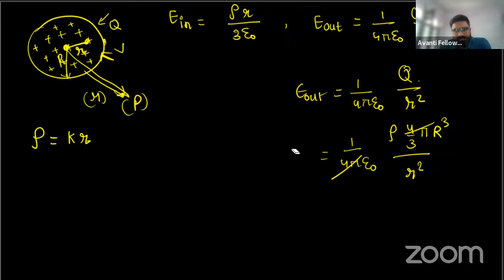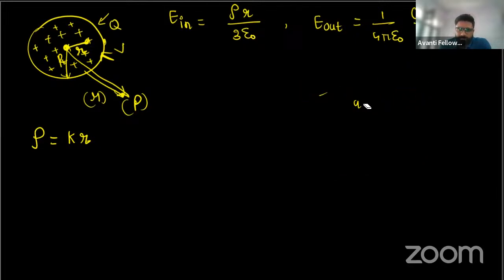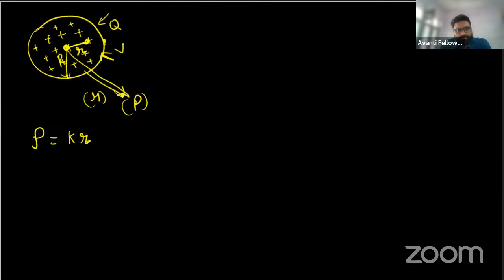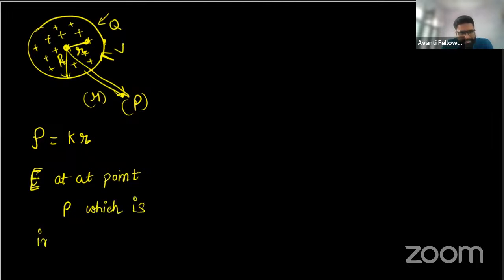The volume charge density of a particular sphere which is non-conducting varies as rho equals k r. Now find out the electric field at a point P which is inside this sphere.